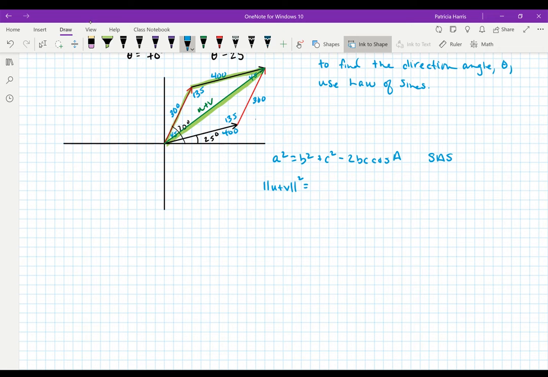Then our B and our C would be 300 and 400. Then negative 2 times 300 times 400. And then our included angle would be our cosine of 135. Now remember, we had to find that 135 based on the fact that we're dealing with a parallelogram. Okay, and again, this will give us the magnitude of the sum. So again, you might want to pull out a calculator.